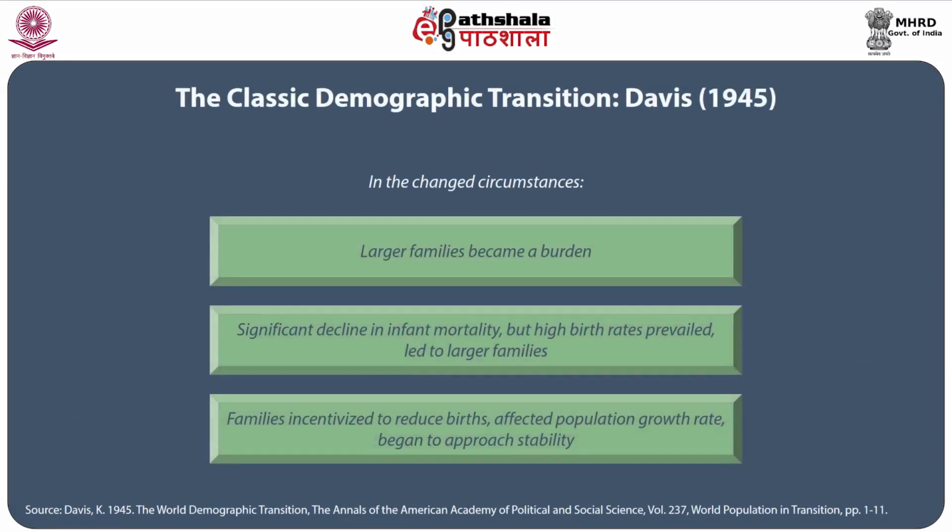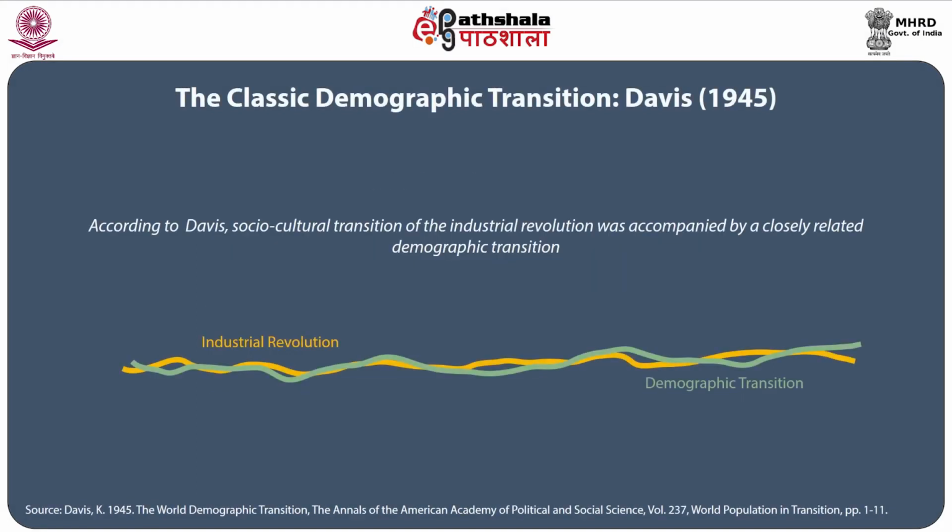In the changed circumstances, larger families became a burden, with a significant decline in infant mortality, but the high birth rates prevailed, which led to larger families. Families were incentivized to reduce births, which affected the population growth, which began to approach stability. Davis' argument was that the socio-cultural transition of the Industrial Revolution was accompanied by a closely related demographic transition.